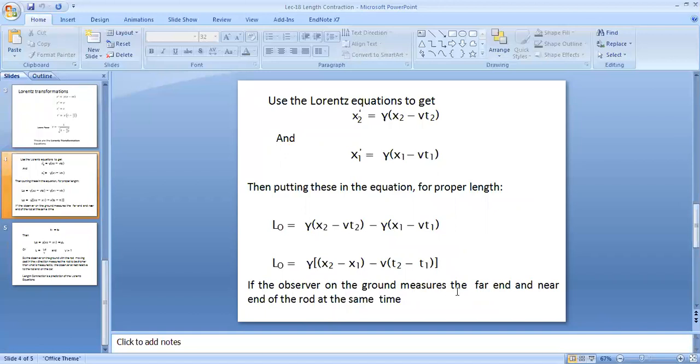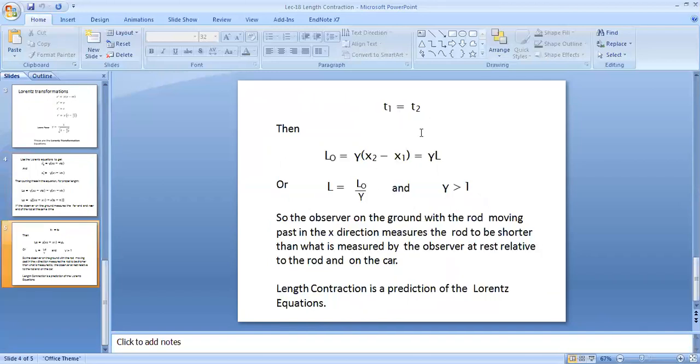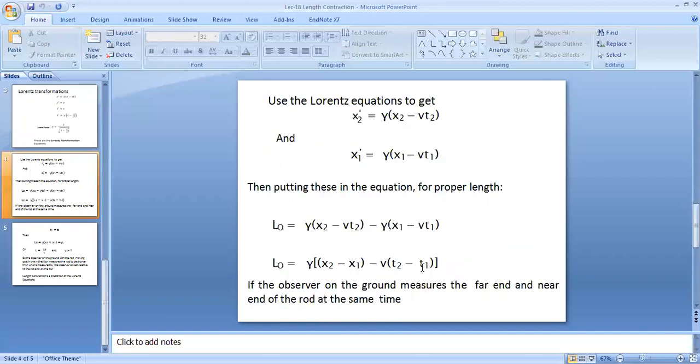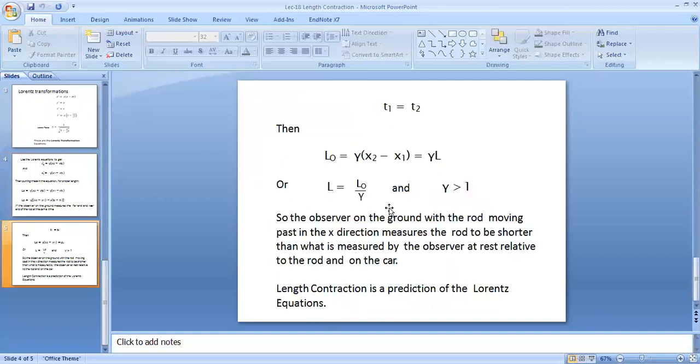If the observer on the ground measures the far end and the near end of the rod at the same time, then t1 will become equal to t2. Now, if t1 and t2 are the same, this term will vanish and L naught will become equal to gamma into x2 minus x1, and x2 minus x1 is equal to L, which is the length measured by the stationary observer.